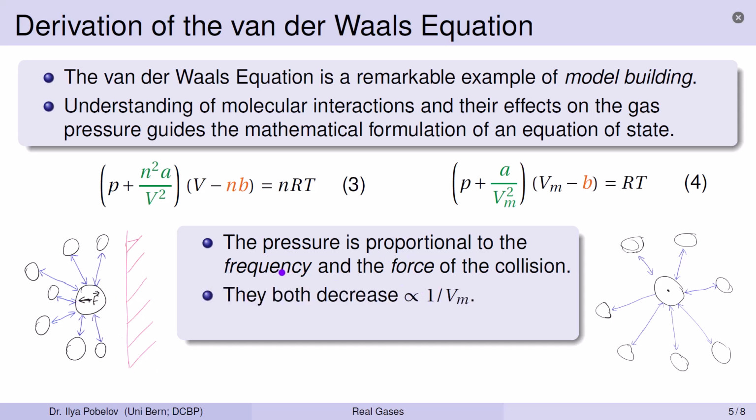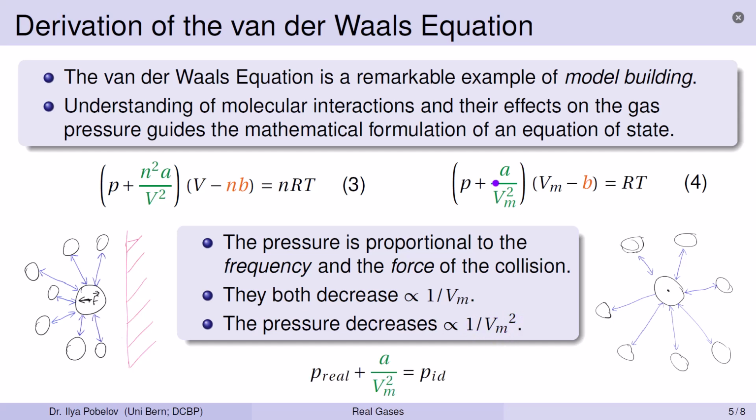As a result, both the frequency and the force of collisions decrease by a factor that is proportional to the density of molecules in the gas and inversely proportional to the molar volume. The decrease of pressure is proportional to their product and is inversely proportional to the square of the molar volume. This is taken into account here. The pressure of a real gas plus the term A over Vm squared is equal to what otherwise would be the pressure of an ideal gas.